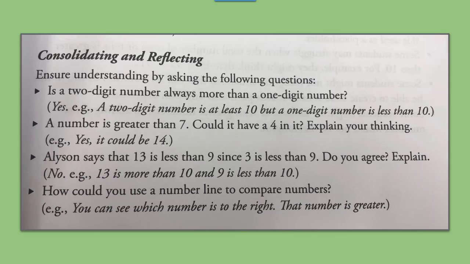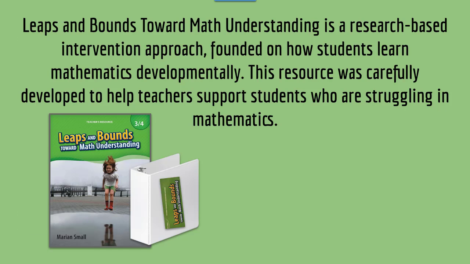Consolidation supports students in establishing explicit connections between math concepts. The questions that are asked are essential to unraveling student mathematical thinking. Leaps and Bounds is a Tier 2 intervention that addresses gaps that students may have when they are not successful with grade-appropriate curricular expectations. The intervention activities are designed to support small group or individual instruction so that gaps are addressed in particular strands or subtopics.